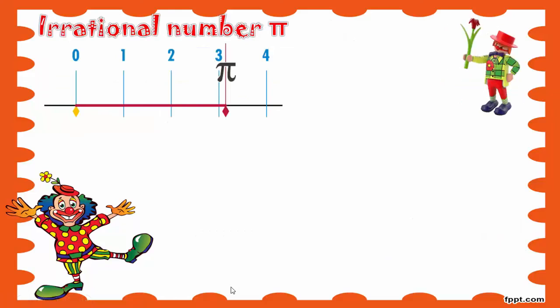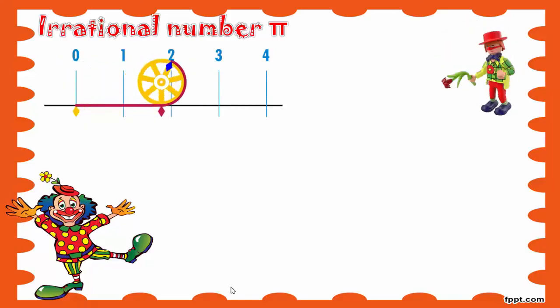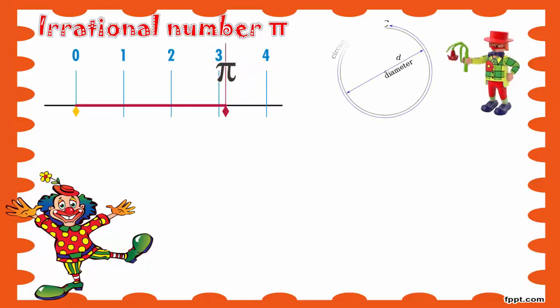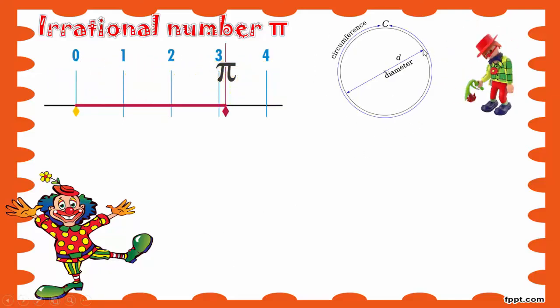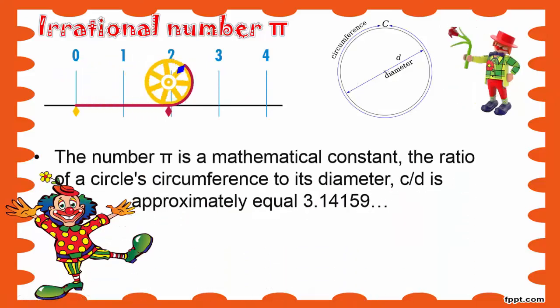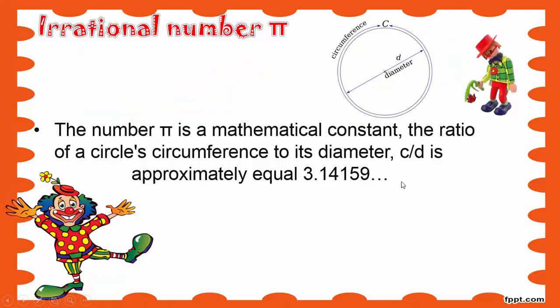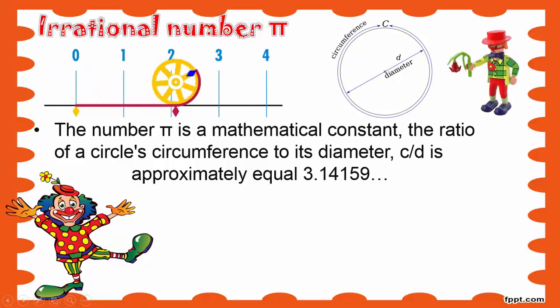Another irrational number is pi. And pi, it turns out, is the circumference of the circle divided by the diameter of the circle, so the circumference is the numerator and the diameter is the denominator. And no matter what circle we get, we always get 3.14159, and then a whole bunch of numbers that are all very different.